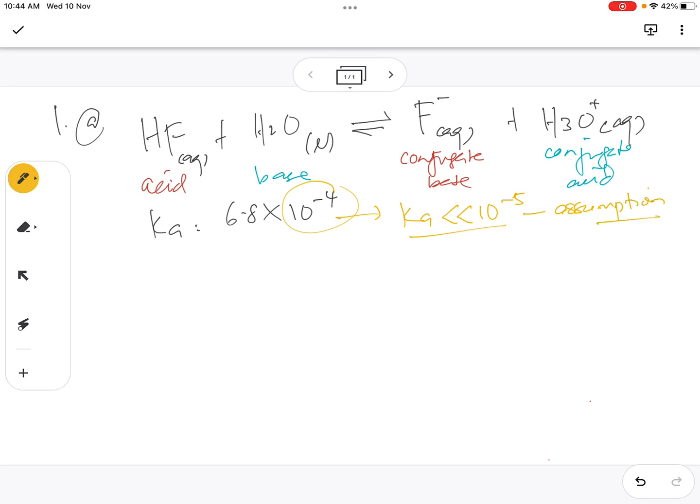So we make a table. Write again HF plus H2O, F negative, H3O plus.